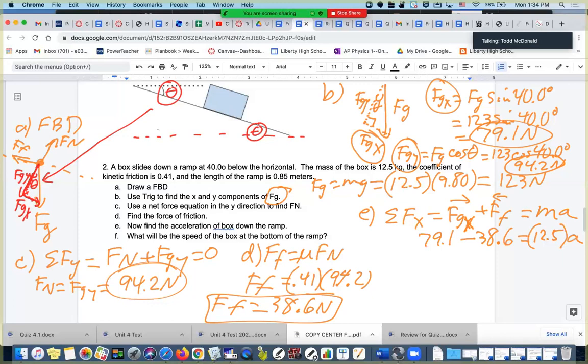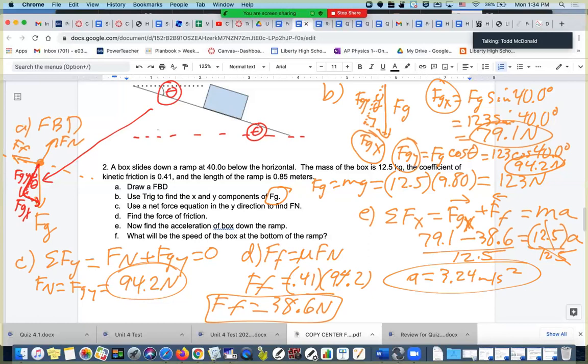So then all I have to do is find 79.1 minus 38.6, that's the left side, which gives me 40.5, and then we divide both sides by 12.5, and that gives me my acceleration. Divided by 12.5, you get an acceleration of 3.24 meters per second squared, okay? Now, last part of the problem, what will the speed of the box be at the bottom of the ramp?